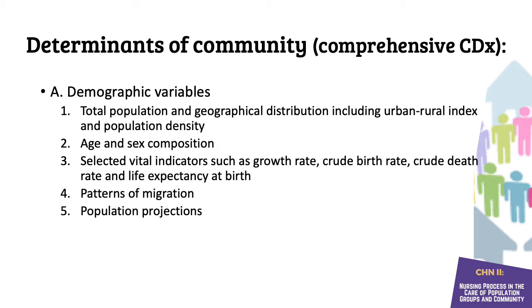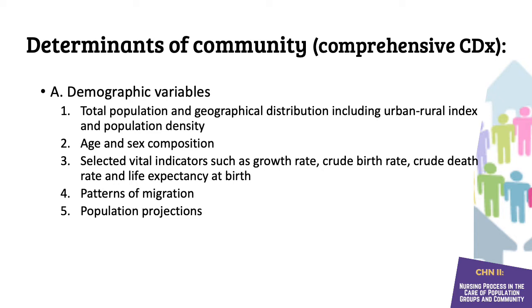Okay? Now, your population density is, okay, a key geographical term. Your age and sex composition, so, kung under infant, okay, pila edad ang age group niya, male or female ba.